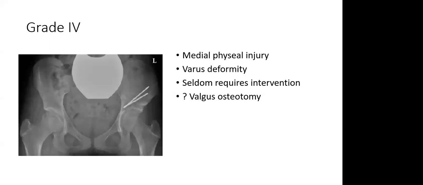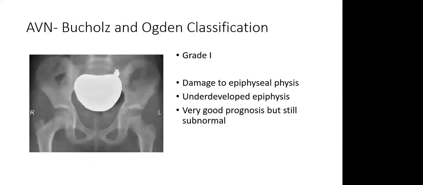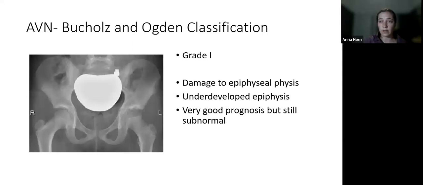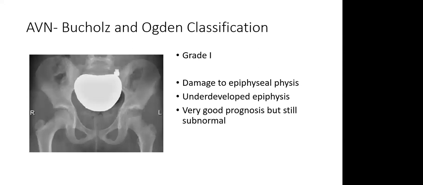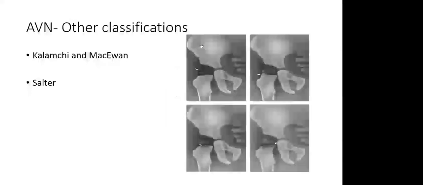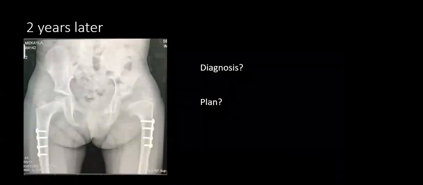What's going on? Okay, wait. Growth arrest following treatment. Yes, I'm thinking of growth arrest, yes, but you can still see the physeal line there, but I would assume that's what had happened.